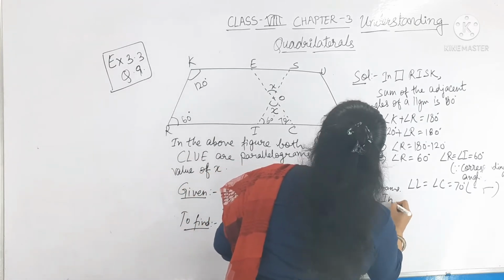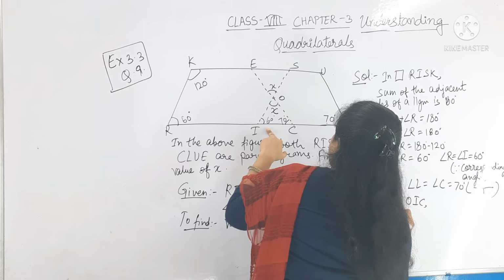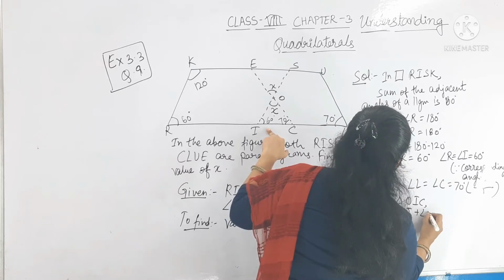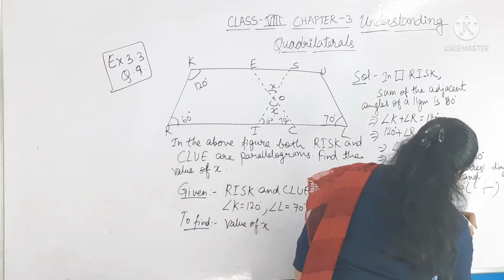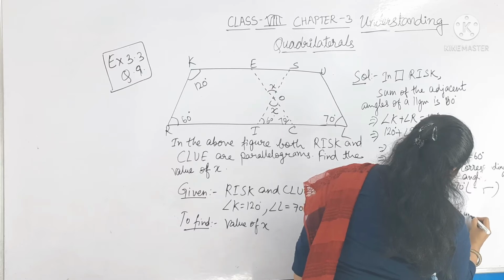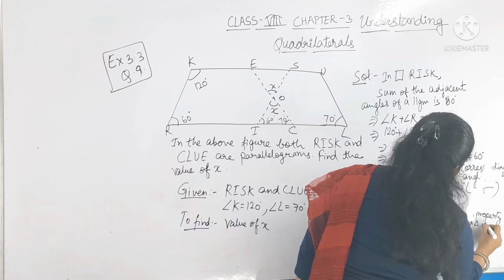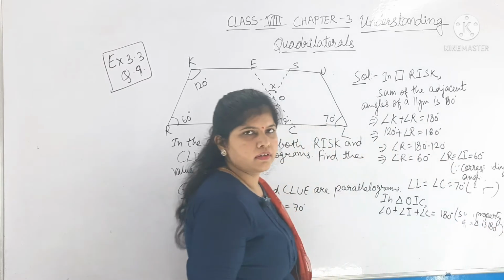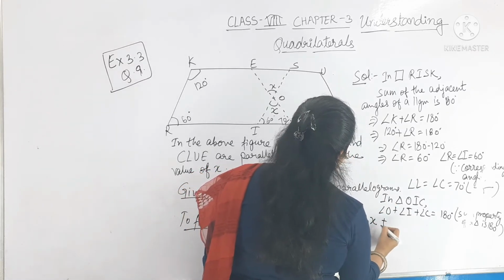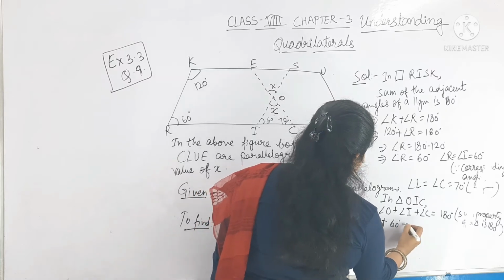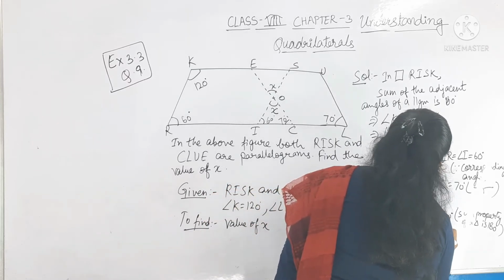So in triangle OIC, angle O plus angle I plus angle C is equal to 180 degree by the angle sum property of a triangle. Here angle O is X, plus I is 60 degree, C is 70 degree, equal to 180 degree.